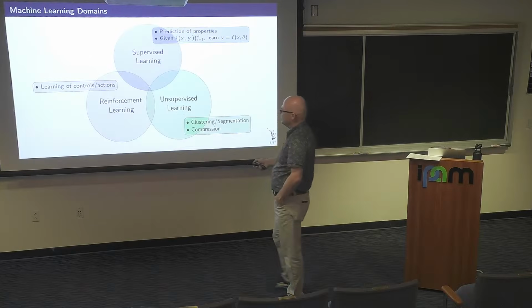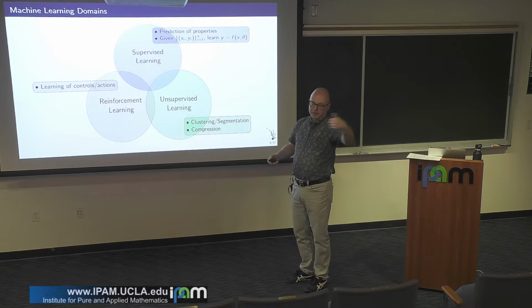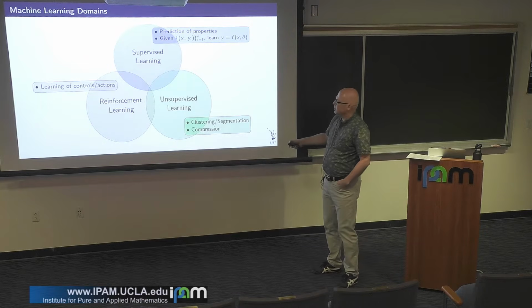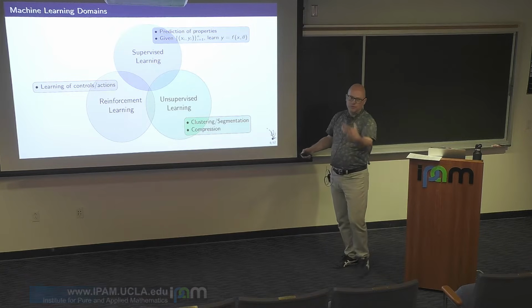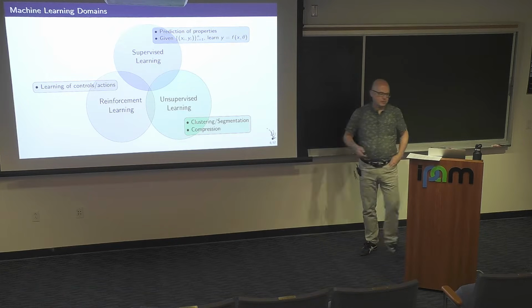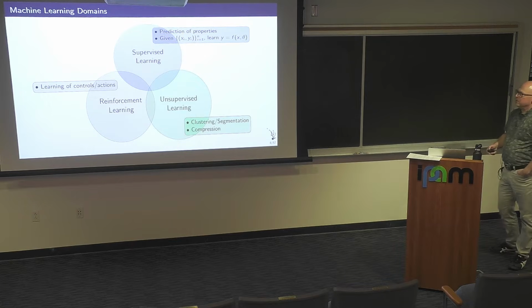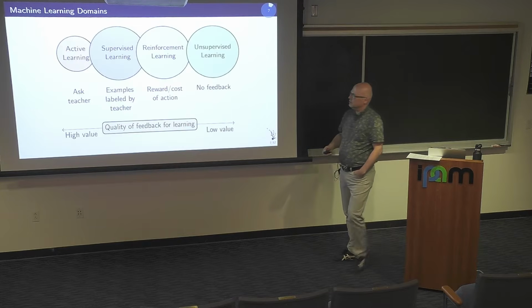This works by interaction with the environment, then learning the model, and then doing the optimal control again. That's why they are related: you have to learn the model, so supervised learning could be involved in reinforcement learning as a subtask. Classically, all three appear in machine learning conferences.